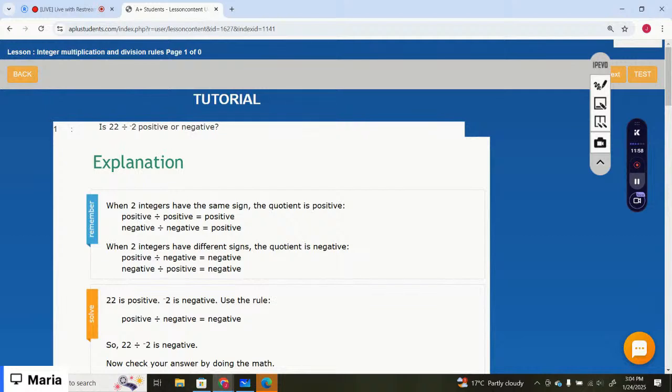So when two integers have the same sign, the answer is positive. And if the two integers have different signs, the quotient is negative. That is the same for multiplication. If two numbers have the same sign, the quotient is positive, and if the two numbers have different signs, the quotient is negative.